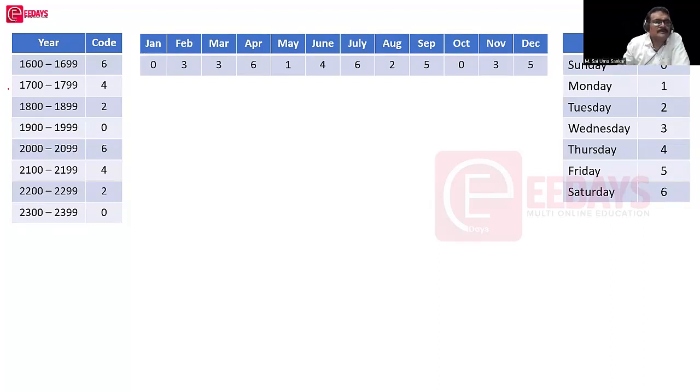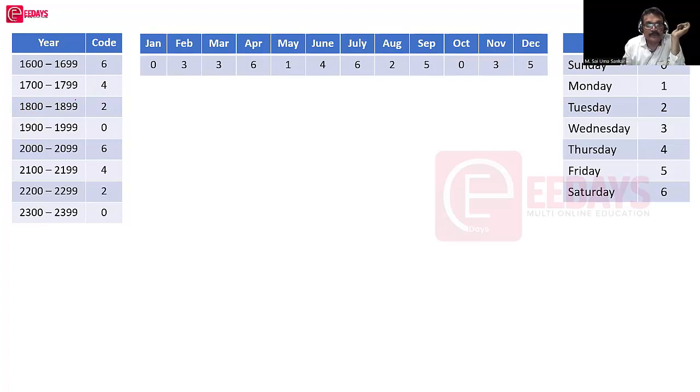How to remember? Here 1600 to 1699. Suppose if anyone asks the question, what is the day of the date 2nd October 1654? So that year in between 1600 to 1700 or not? That year is in between 1600 to 1700. Okay. 1699. So the code is equal to 6. If 1700 to 1799, that code is equal to 4.